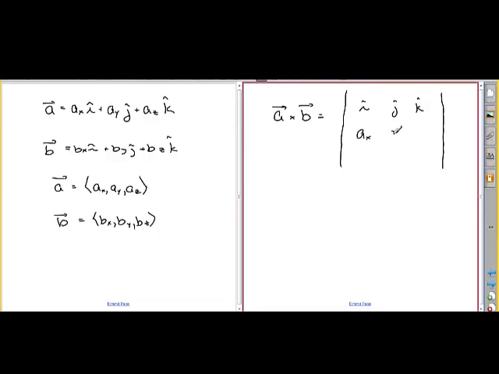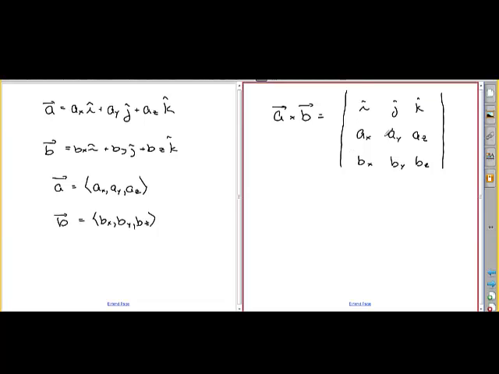And then you have A sub x, A sub y, A sub z. So it's kind of like a matrix, but it's not really a matrix. What they're doing is just using this thing that people are used to using to represent how you come up with a cross product.